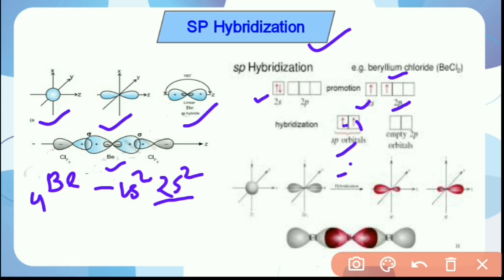In this way, the chlorine atoms overlap with the hybrid orbitals and form the BeCl2 molecule. So this is the central metal atom beryllium, and two chlorine atoms make bonds with beryllium, and beryllium chloride is formed. It is linearly arranged, so its bond angle is 180 degrees and its geometry is linear.